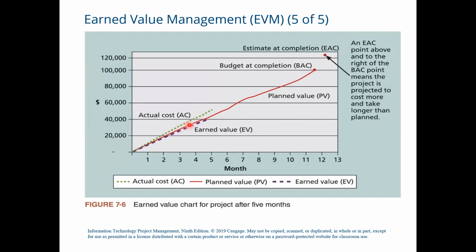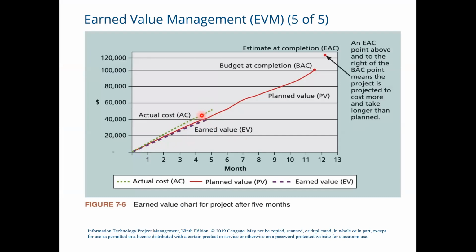You can notice the actual cost line, the dotted green line, and the earned value, the dotted black line. The actual cost and earned value lines end at 5 months because the data were collected or estimated at that point.